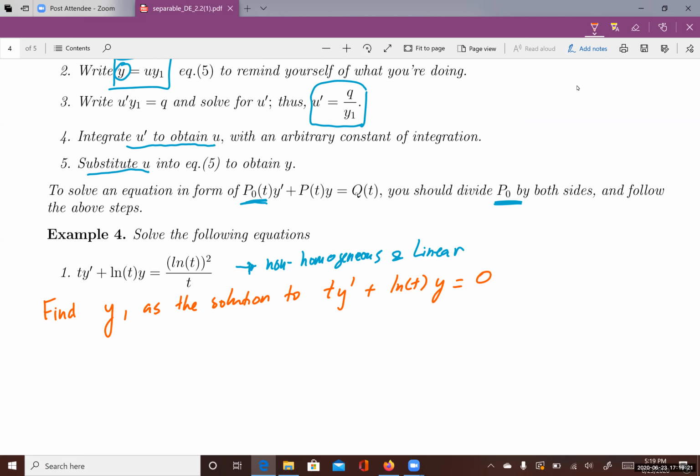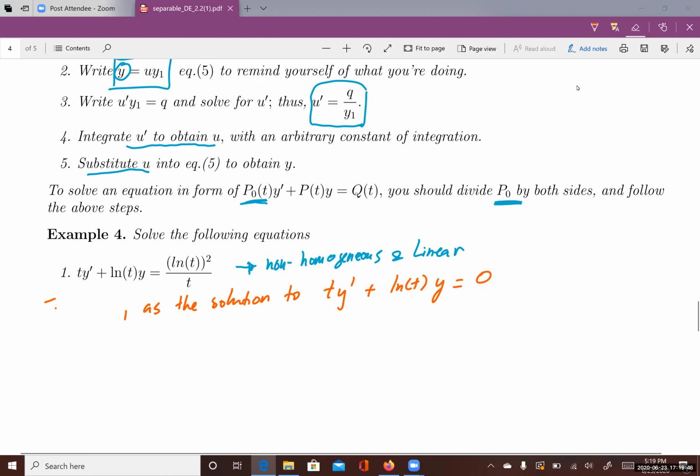And again, before we try to find y1, we want to convert this equation so y prime is by itself, that is, y prime has a coefficient of 1. Then we can find the solution to the complementary equation.